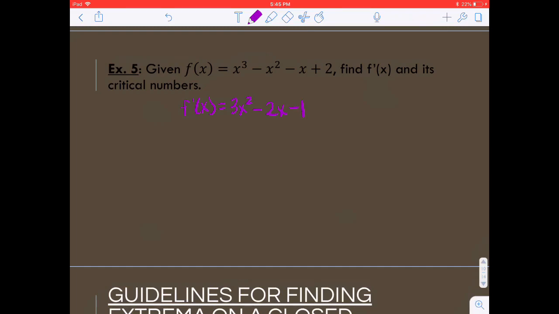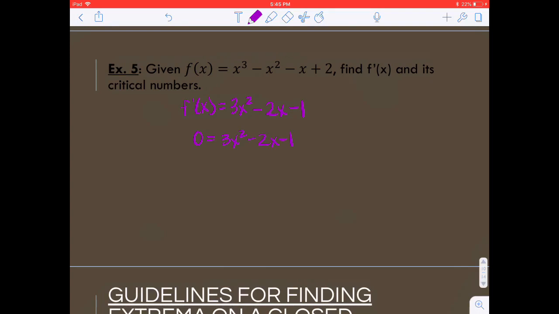When we're finding the critical numbers, they are where either it doesn't exist or where it's equal to 0. By it, I mean the derivative. So we want to take f prime of x, set it equal to 0, and solve for the critical numbers.